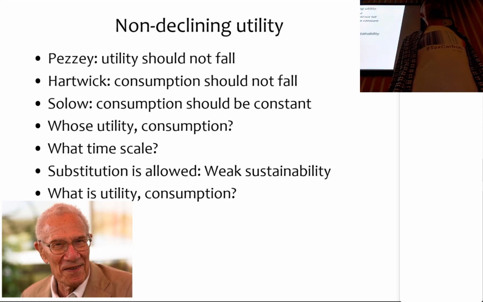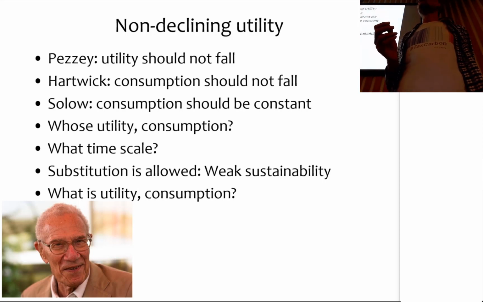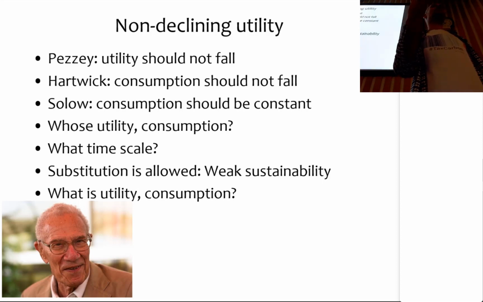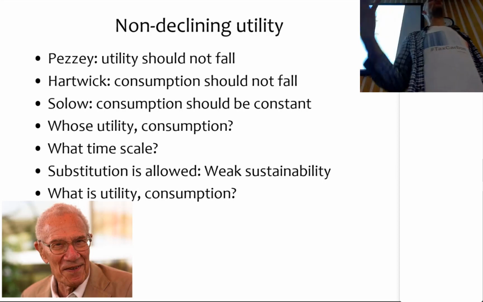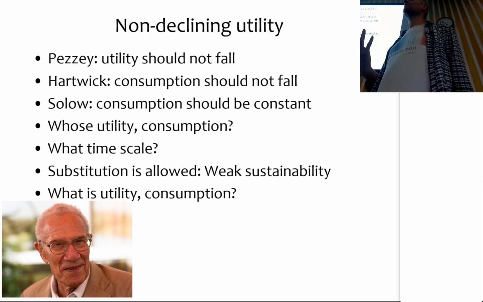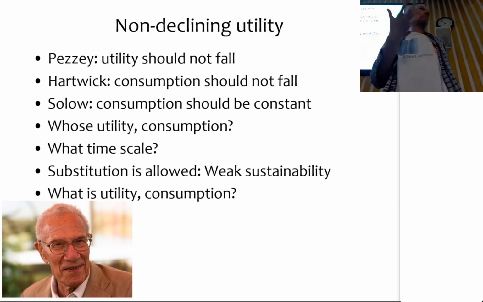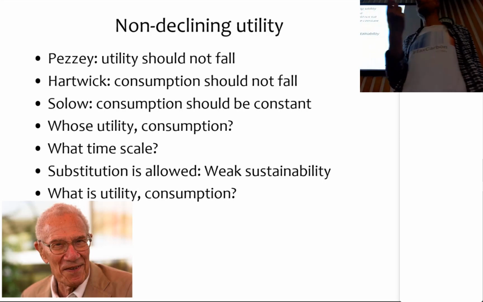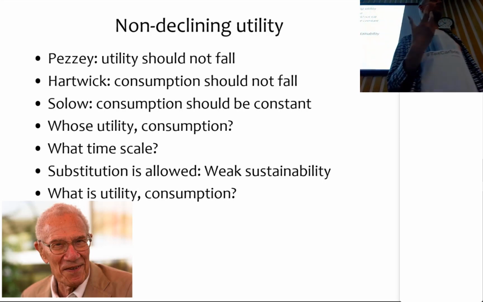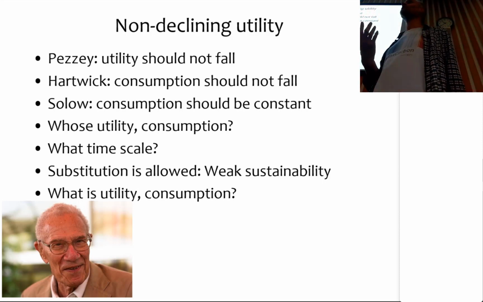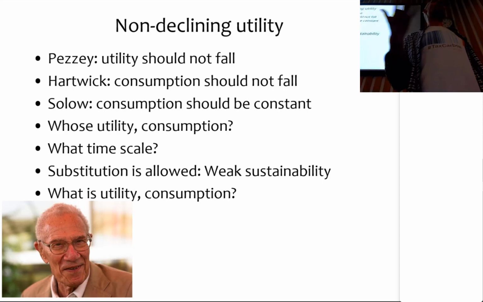So you may enjoy a walk in the forest, but if you can replace your real walk in an actual forest by a virtual walk in a virtual forest, and your utility is just as great, and it may actually be better because we can edit out the mosquitoes and we can edit out the mud, and the virtual forest may actually be a lot more pleasant and a lot more interesting than the actual forest, and your utility has gone up and we're fine, right?